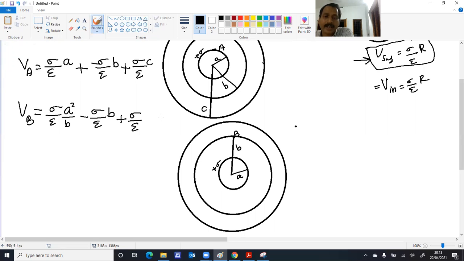Now the contribution of the third sphere on point B will be what, sir? Check whether the point is inside or outside the third sphere. It is inside. And the contribution of the first sphere on B will be outside, because the point is outside sphere A. Okay, I got it.